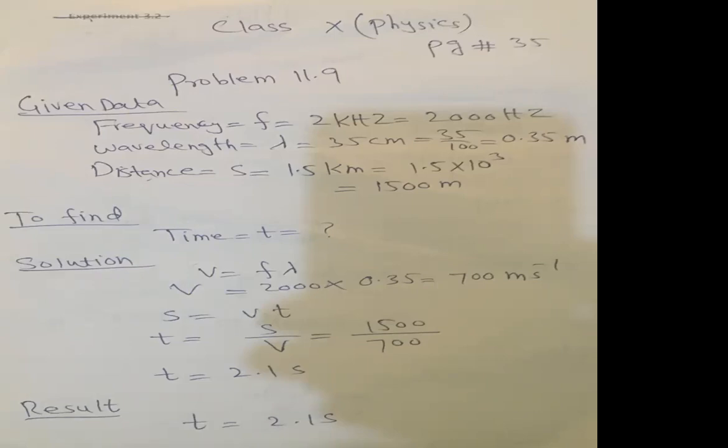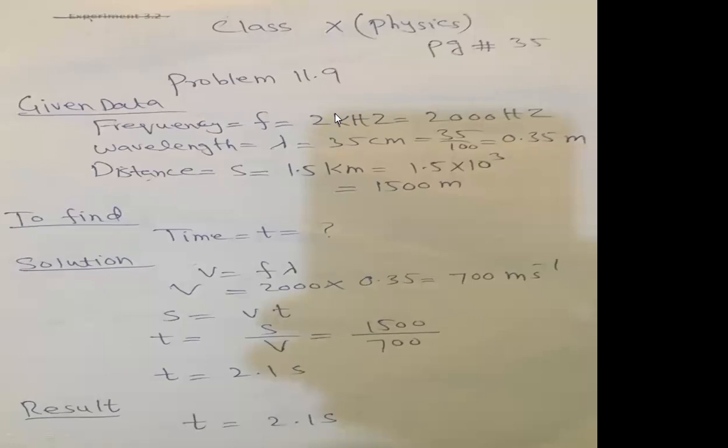Frequency is noted with small f, and the frequency given to me is 2 kilohertz. Kilo means 1000, so you multiply 2 by 1000. You need to convert this frequency into SI, and the SI unit of frequency is hertz.